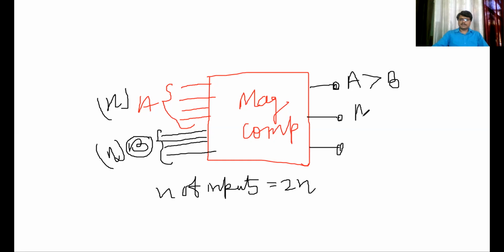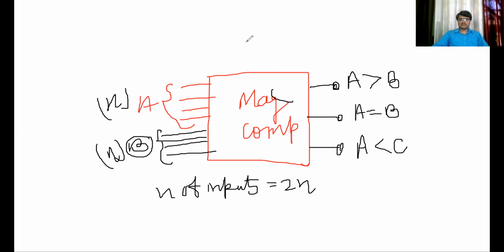And if A is equal to B, this terminal will be high, and if A is less than B, then this terminal will be high. Are you getting my point? So this is the thing by which we can do it.